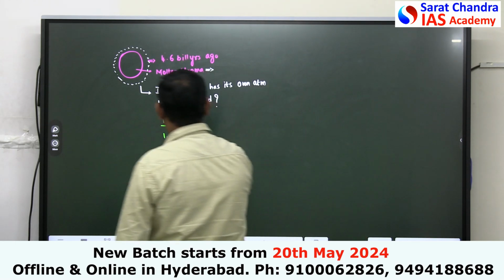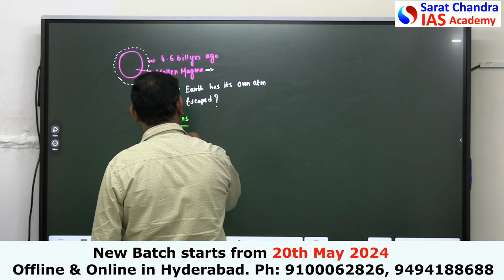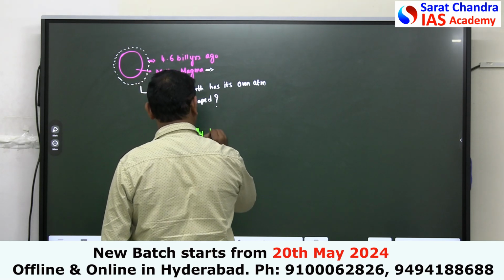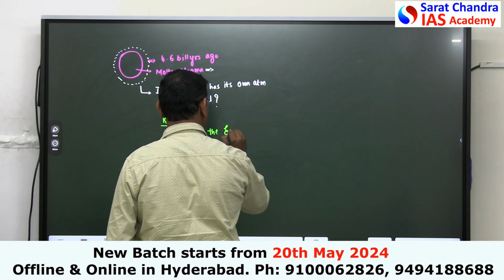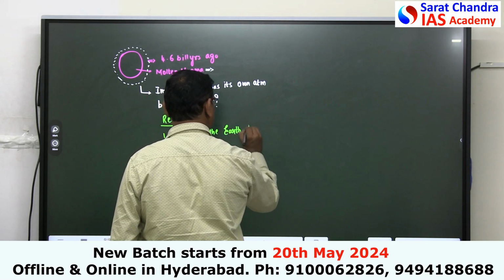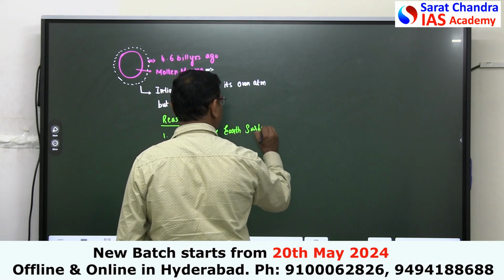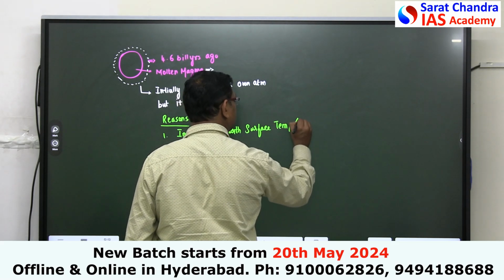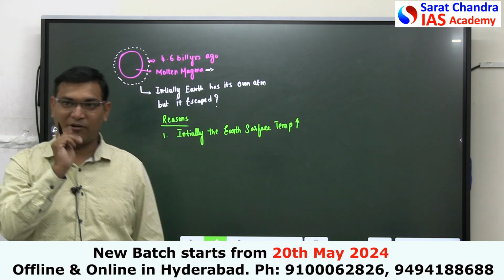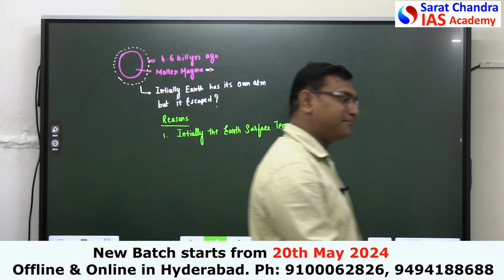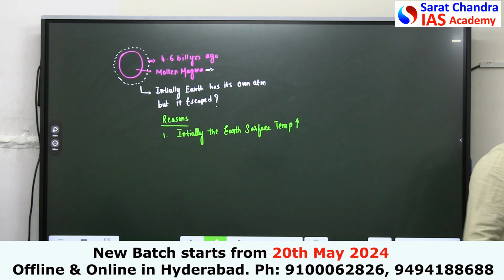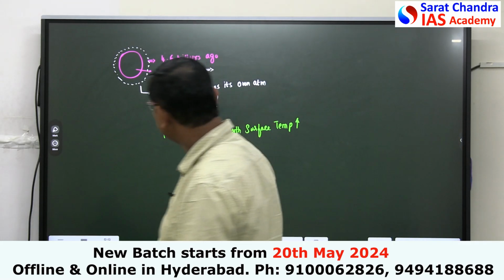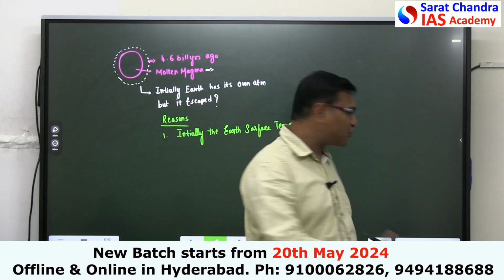Initially, the earth's surface temperatures are very, very high. Number 1 point. Okay, second, tell me. There is one more with respect to the first point only.